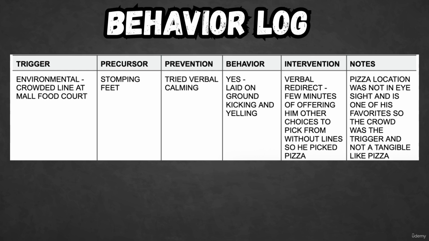The prevention technique of verbal calming did not work, which then required the intervention of a verbal redirect, with a few minutes of time in between doing the redirect, and this way the individual was able to pick out another food option such as pizza because there was less of a line in the food court. So that's what you would put into the notes.